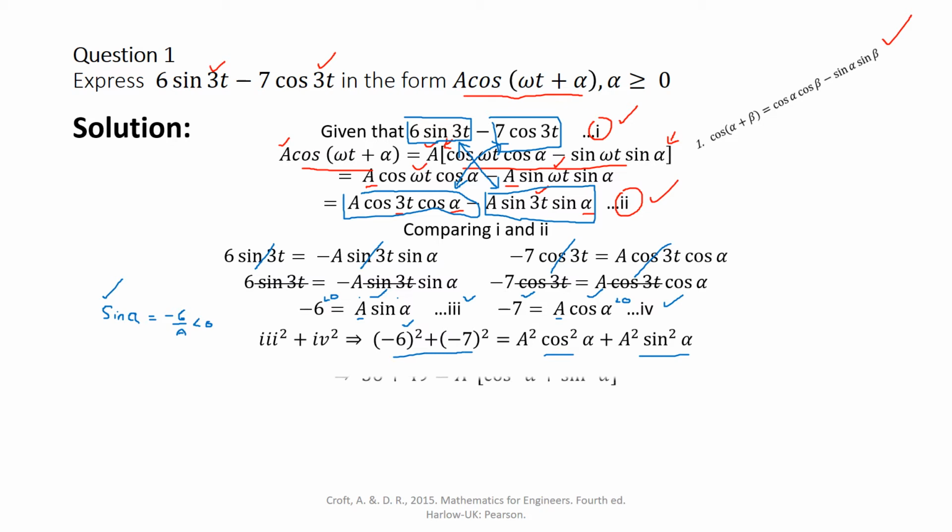After addition, minus 6 squared is 36, plus 49. A squared is common to both terms on the right, and we will be left with sine squared plus cosine squared, which is the first identity of trigonometry, equals 1. So A squared is equal to 85.